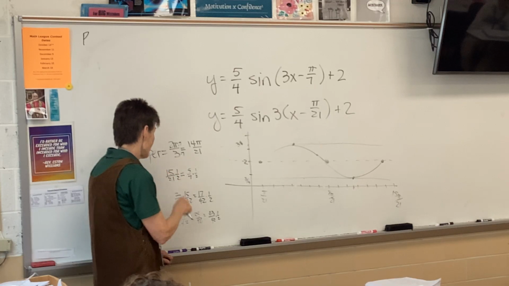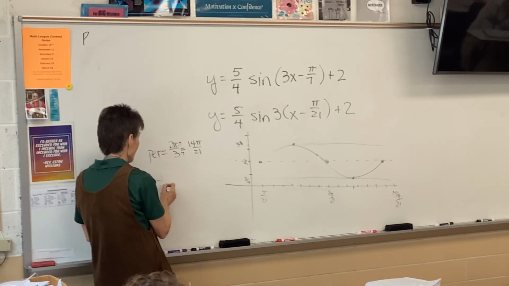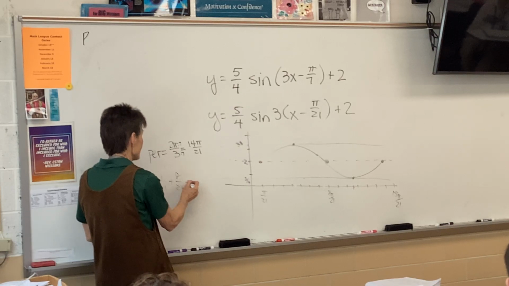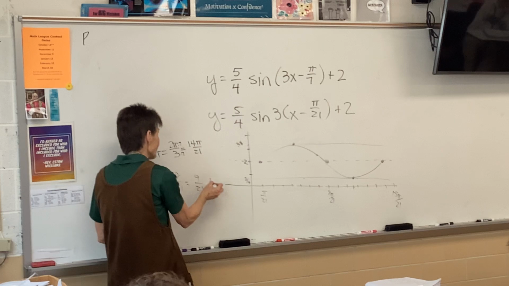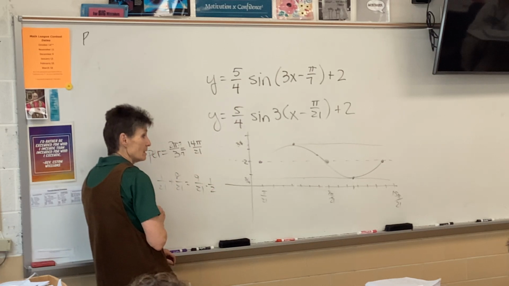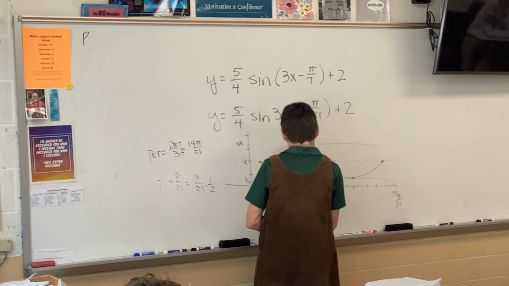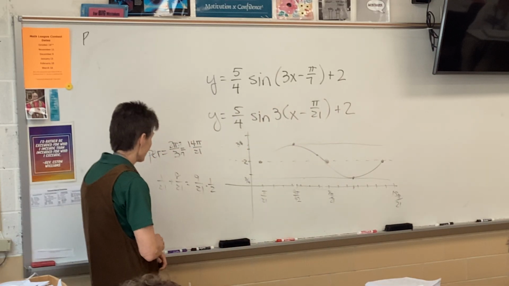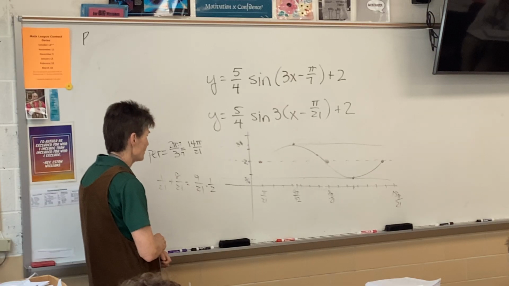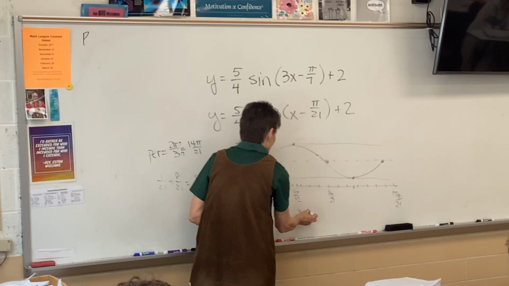So 1/21 and 8/21s makes 9/21s, and half of that would be 9/42s. So this should be 9 pi over 42. Which reduces, doesn't it? What does that reduce to? 3/14.